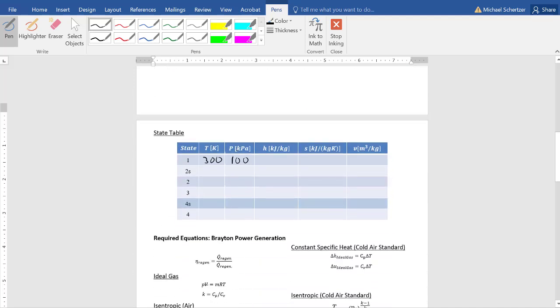So P2 is going to be 1,000 kilopascals, which is 1 megapascal. That's true whether I go through the ideal turbine or the real turbine. I'm going to assume that as I go from state 2 to state 3, that process happens at constant pressure. So this is also going to be 1,000 kilopascals.